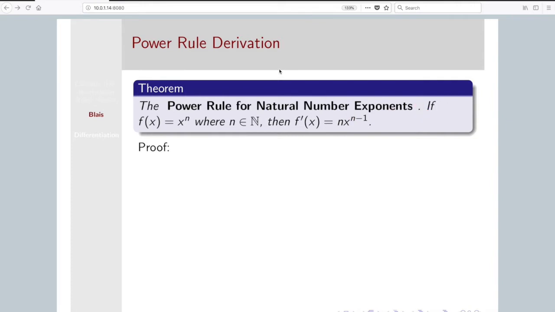Okay, so how do we actually prove this? Well, we use a factorization.